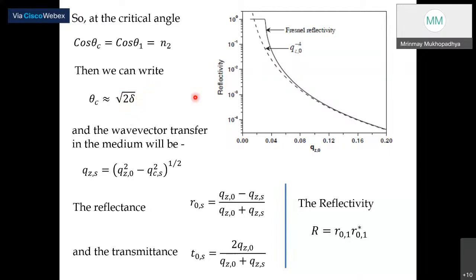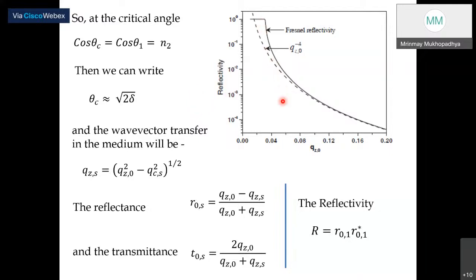So a higher electron density will have a higher theta c, or a higher scattering density will have a higher theta c. What it will look like in the profile is the normalized reflectivity. We call reflectivity basically the ratio of the scattered beam to the incident beam.